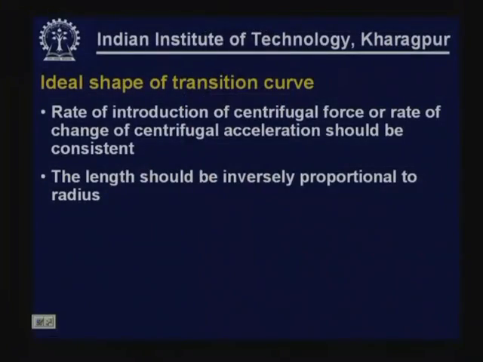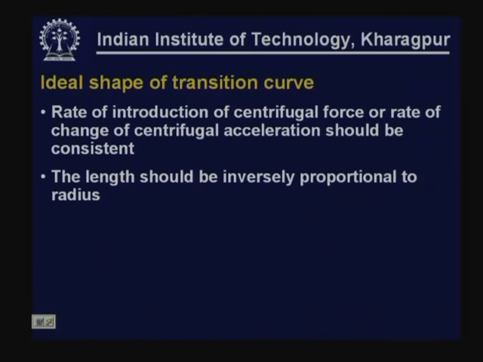The ideal shape of a transition curve should be such that the rate of introduction of centrifugal force, or in other words the rate of change of centrifugal acceleration, should be consistent. That is the requirement.